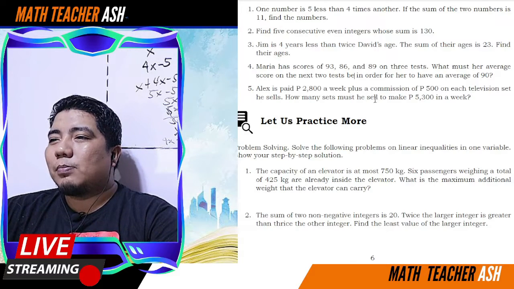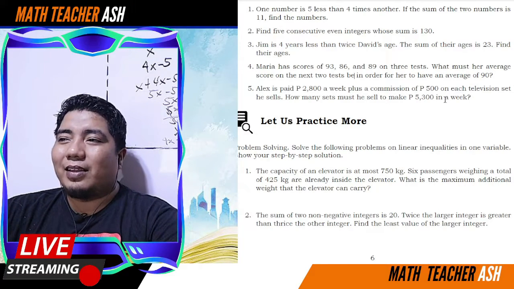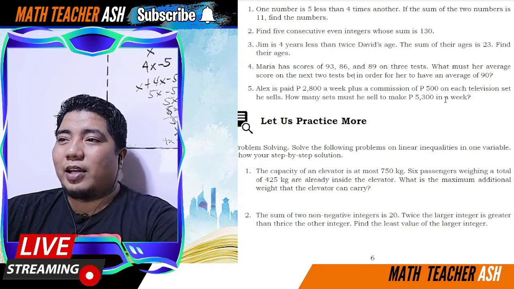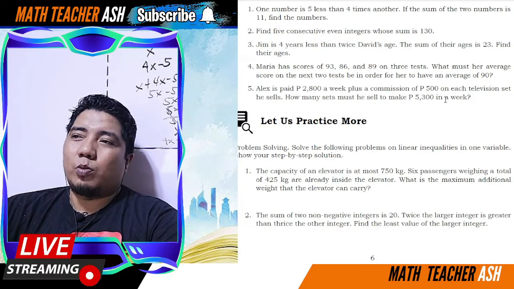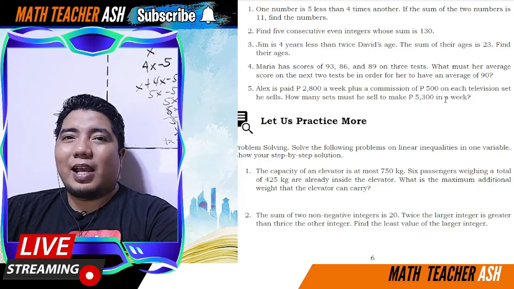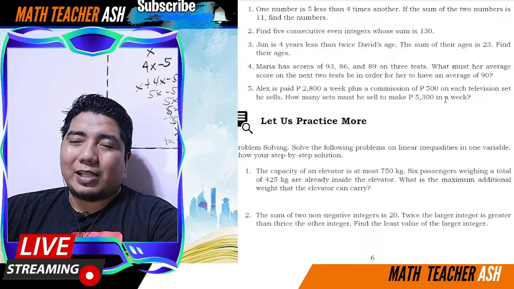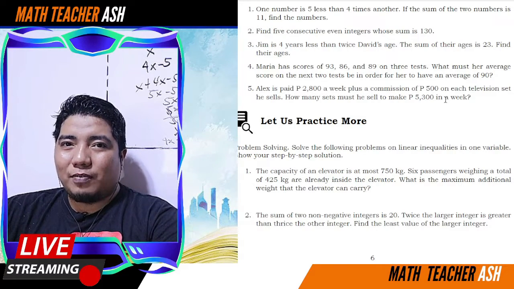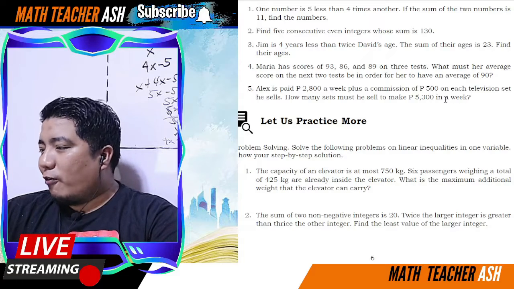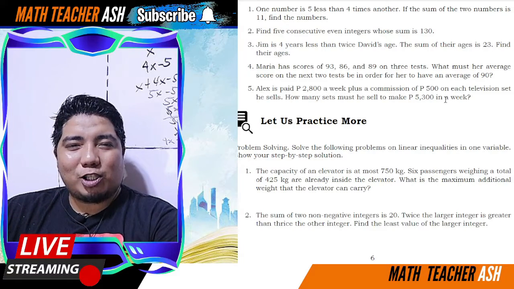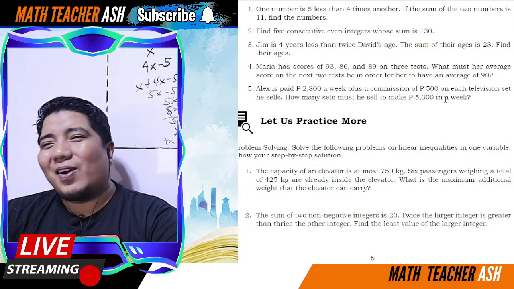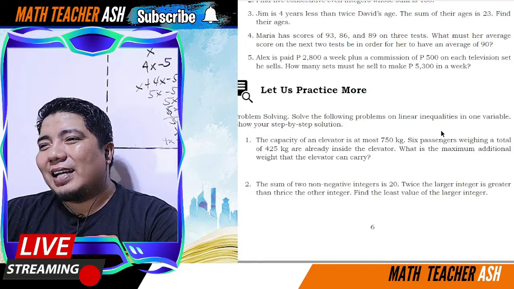How many sets must he sell to make 5,300? So, set it equal to 5,300. In solving, this becomes 5,300 minus 2,800. The answer of that is divided by 500, and that is your final answer. Alright, very easy.